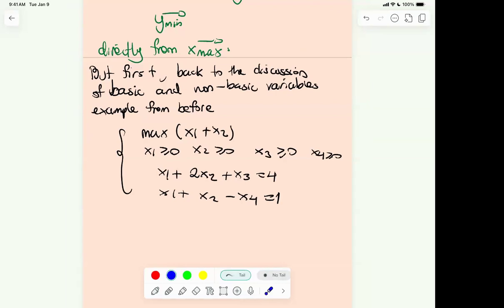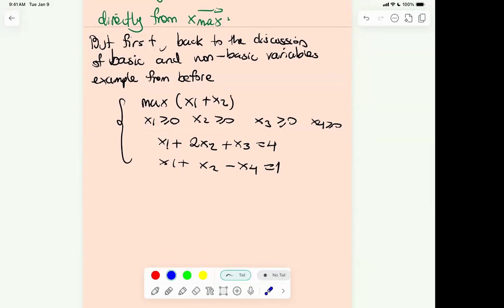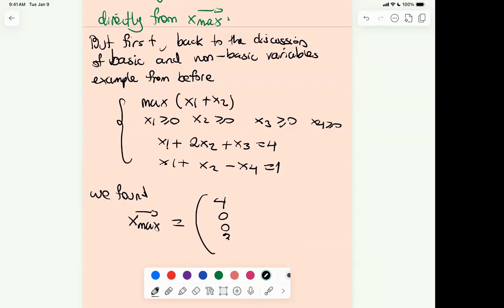But okay, long story short, you do the simplex method here, and this one would have required what's called phase one. If you apply the simplex method, we found that the vector where the max occurs was (4, 0, 0, 3). Okay.